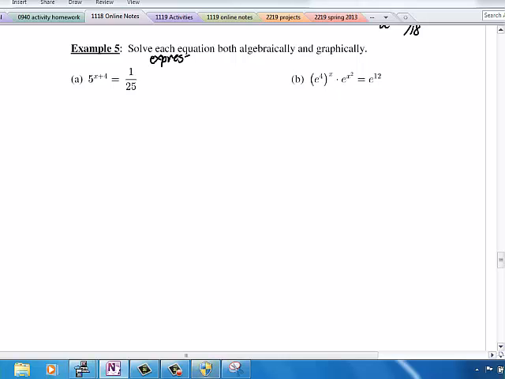So our technique is going to be express both sides as exponential expressions with the same base. And then if we have the same base on both sides, we can equate the exponents. And we'll see that in a second.